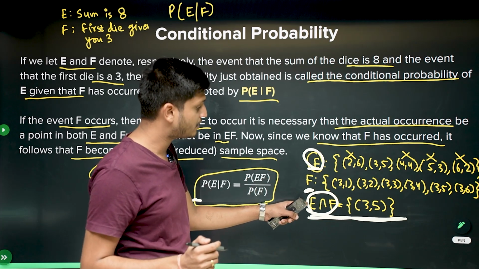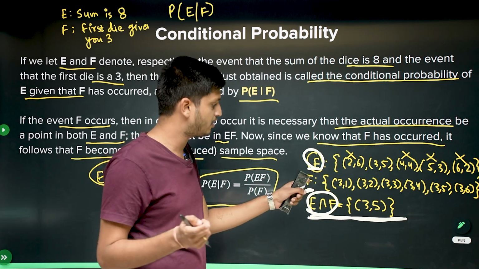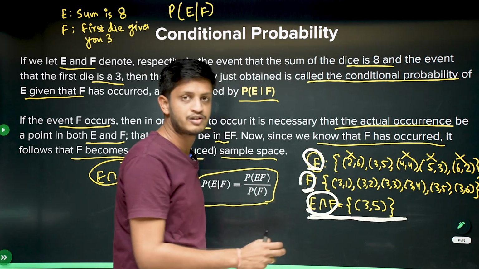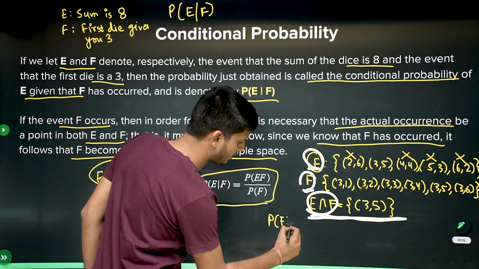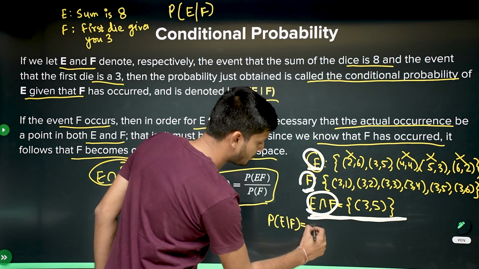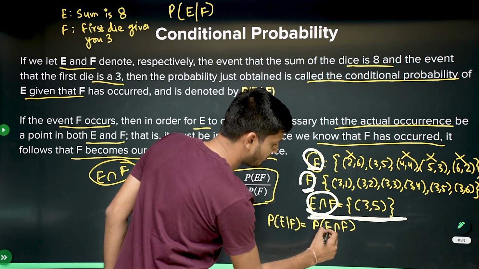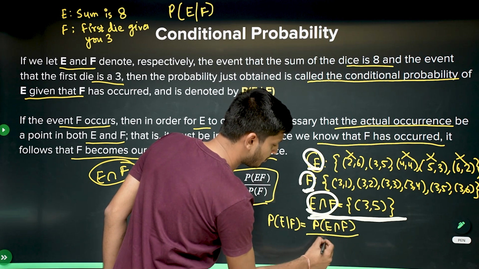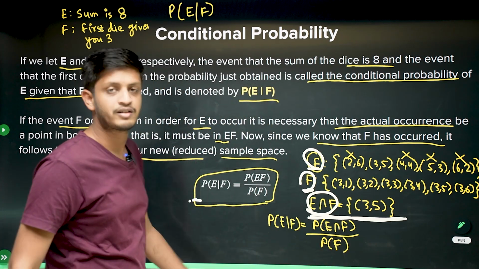And now since F has already happened, our universe or sample space became F. So that's why the conditional probability of E given F has already happened becomes the probability of E intersection F upon the probability of F, right?